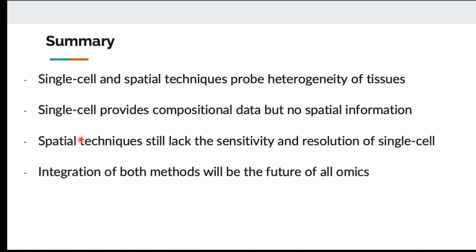Spatial techniques, imaging techniques, have the structure information, but with imaging, you cannot see the majority of the RNA molecules. So you still need single cell techniques to get the measurement, to get the read count, to get the molecule counts of the genes. So people are seeing that integrating both of these aspects will be the future of omics.